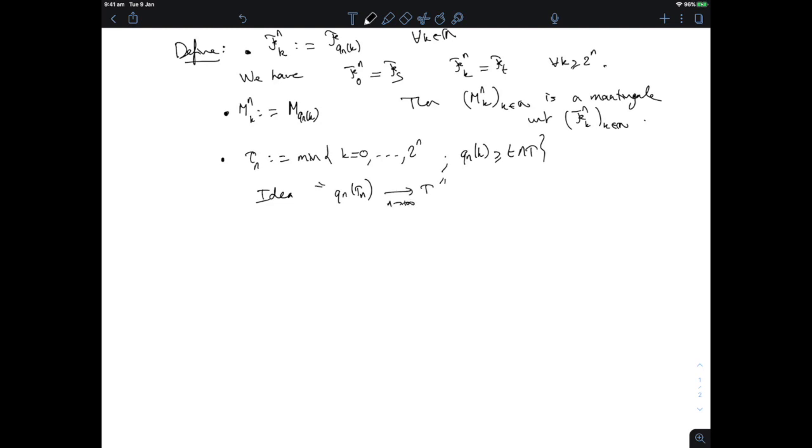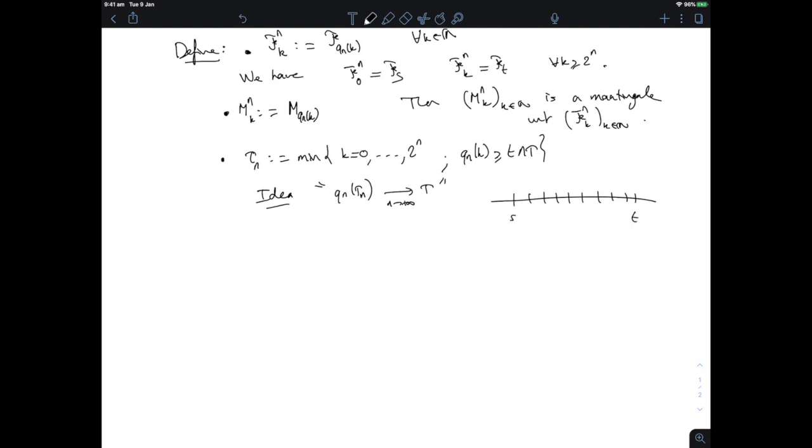So I'm going to put quotation marks. I'm not telling you in which sense it tends to tau for now, but the idea is that I'm approximating tau, right? I'm picking in that discretization of the interval that I just drew a minute ago.